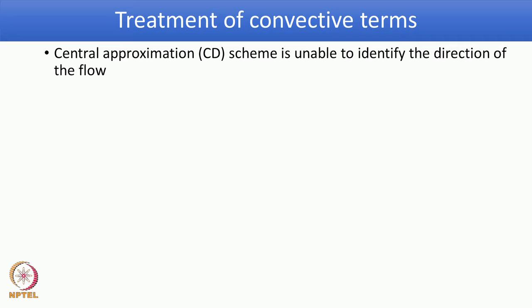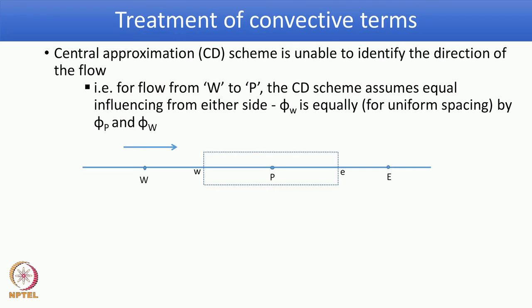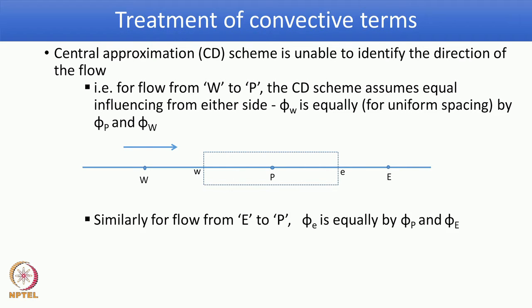We have already seen central approximation, and we noticed that central approximation does not recognize the direction of the flow, it takes equal weightage from the neighboring nodes. For example, in this case if the flow is from left to right, and to evaluate variable at the phase west, then the neighboring nodes are P and W, it takes equal weightage from both these two nodes.